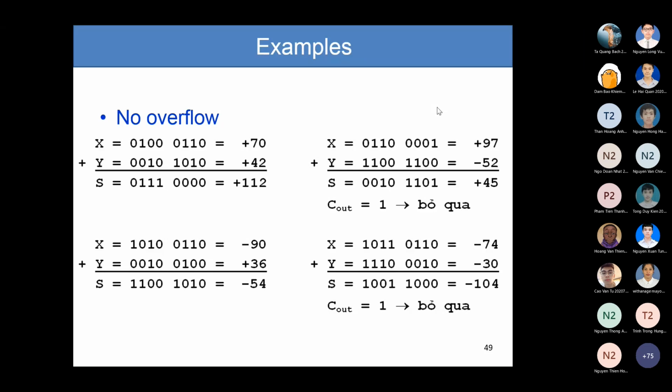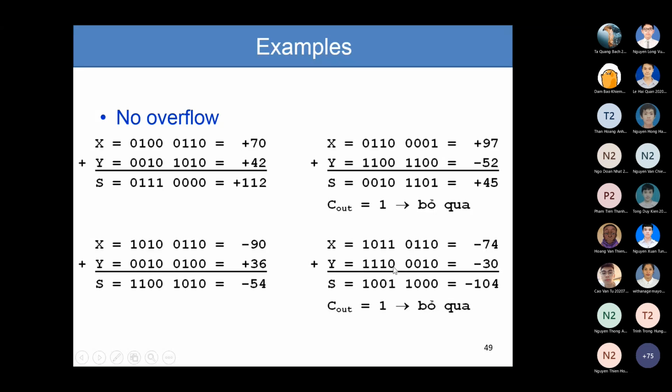The first one here, x is positive, y is positive, and the sum s is positive, so this is correct. The second one here, x is positive, y is negative, so the result is always correct because we add two integers of opposite sign. The third example here, x is negative, y is positive, and of course the result is always correct.